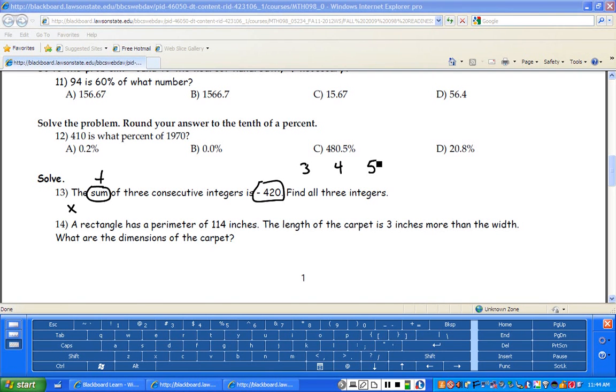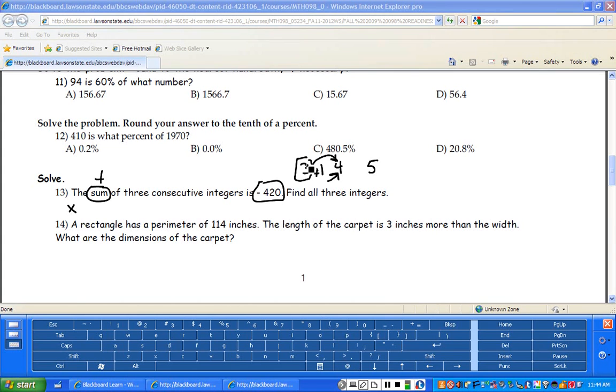If 3 is my first number, how do I get from 3 to 4? All I have to do is say my first number, 3, plus 1 gives me the next number in line. So 3 plus 1 gives me 4. Now 5 is the third number in the sequence.